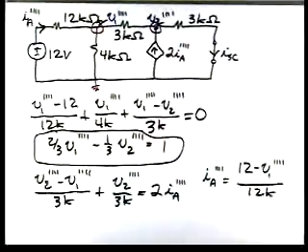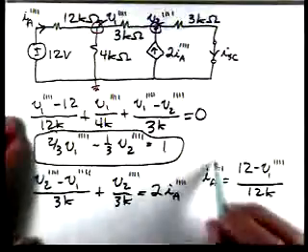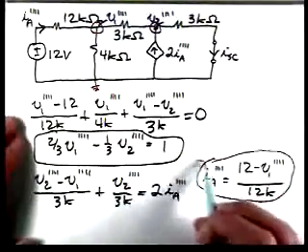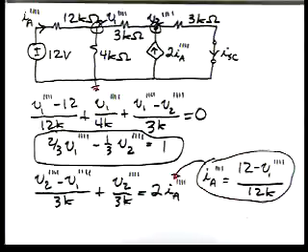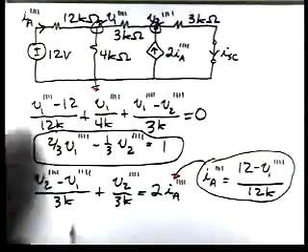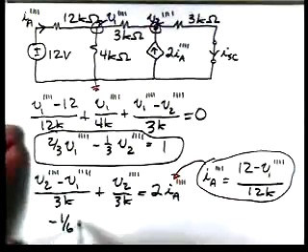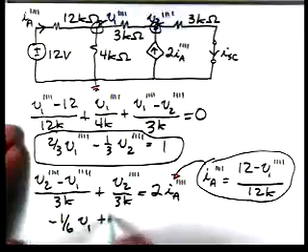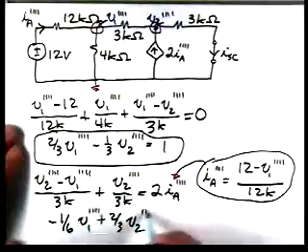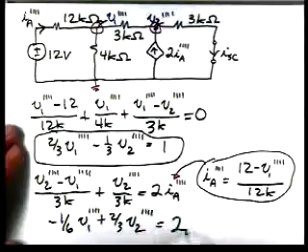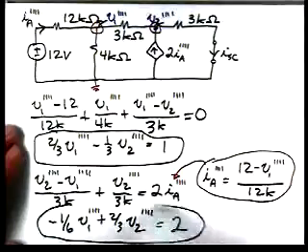Now we take this and substitute in here, and our equation becomes minus 1/6 V1 plus 2/3 V2 equal to 2. So here's our second equation.